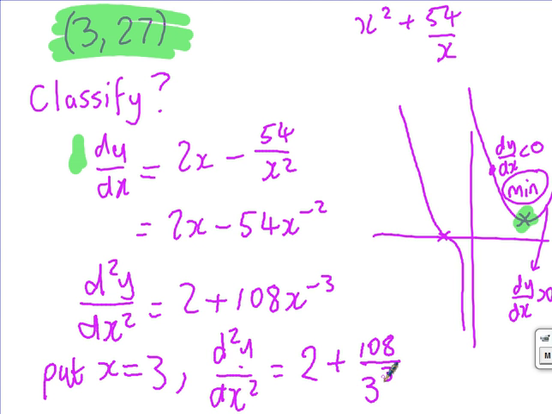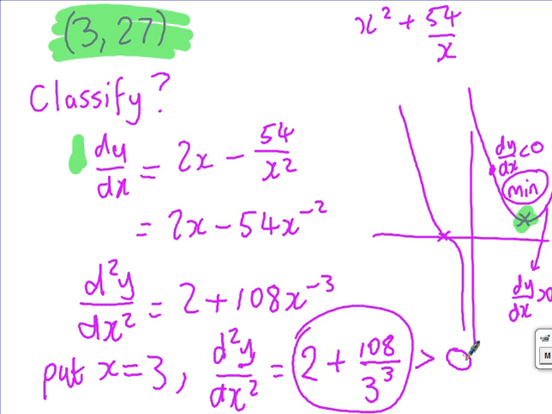So just take your time to convince yourself of that. If you need to pause it and check that you agree with this, then do so. But the end result is, whatever that equals, we don't really need to work it out. I think it comes to 6, but it's irrelevant. All we need to know is whether it's bigger than 0 or less than 0. Clearly that's bigger than 0, because it's a 2 and a positive fraction.